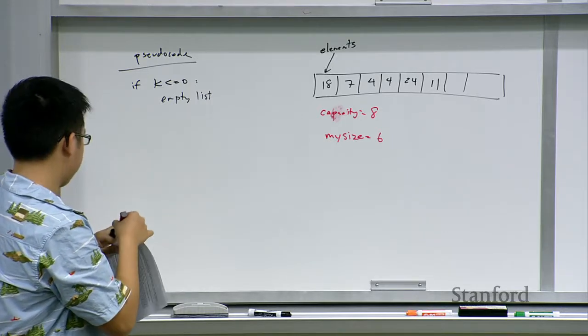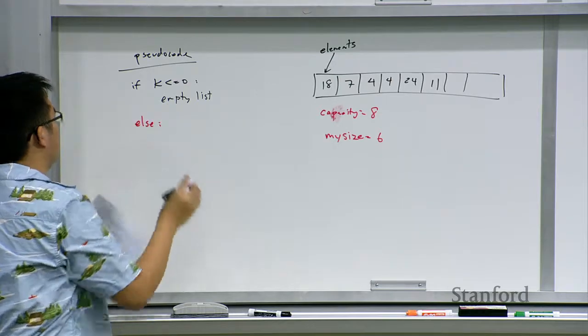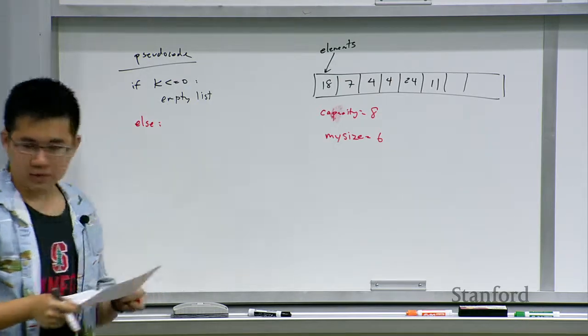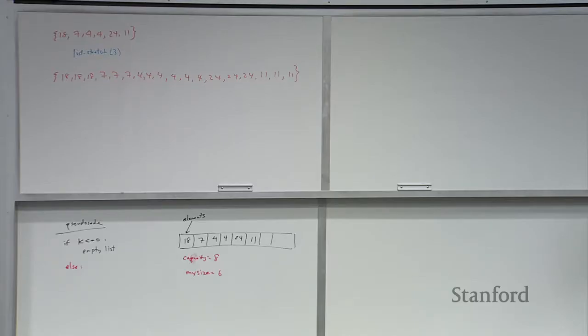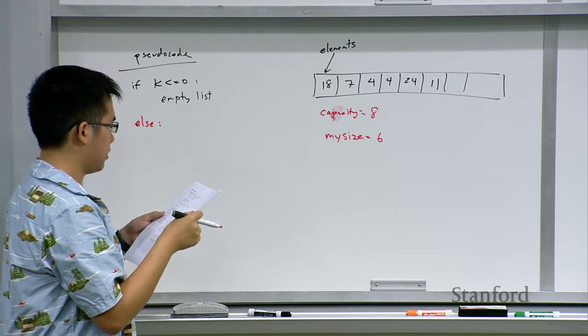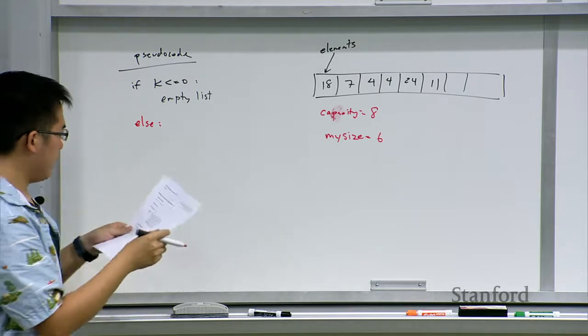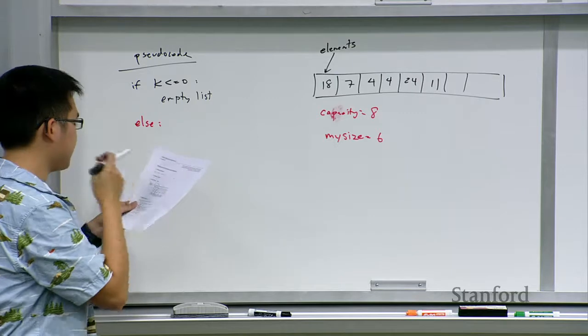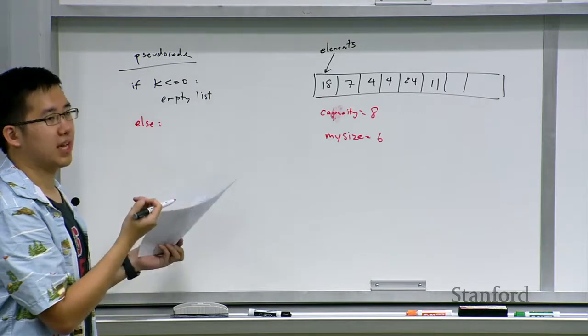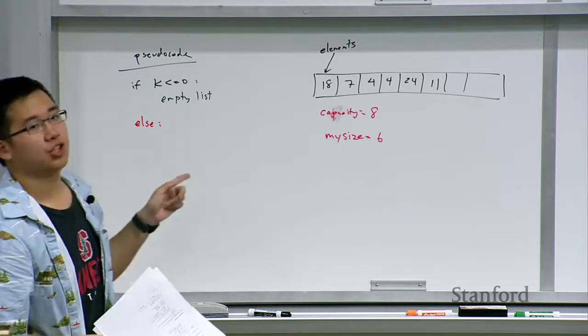Now, the second part. If k is greater than 0, then we have to essentially stretch the elements. First thing to note is if we tried stretching the elements right now, our array is currently too small.